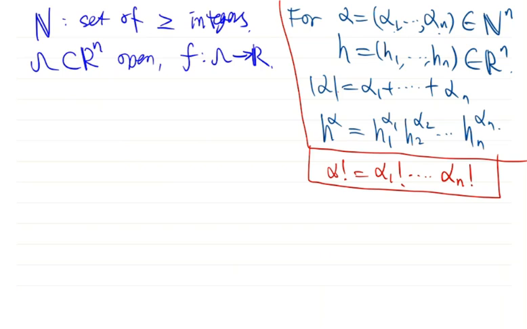Okay, now using this notation, the higher order partial derivative can be denoted very elegantly. So d alpha f, what's this? This is d alpha, where alpha is alpha 1 through alpha n, right? This is a higher order derivative of alpha.